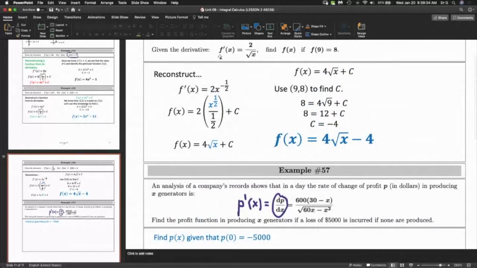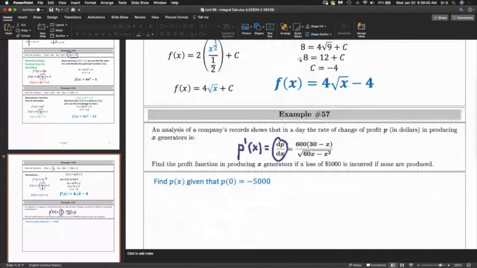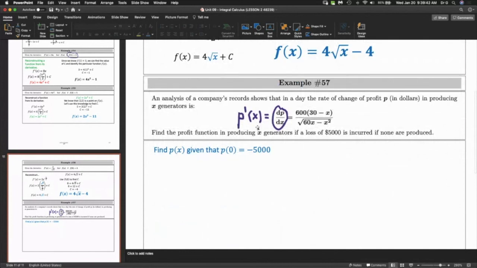See? You're given a derivative and some side condition, which is that there's a certain point on the graph. Now it's the same question. You're given the derivative, and you're asked to go back and reconstruct the original function, given some information about that original function, which in this case is that it passes through the point 0, negative 5,000.